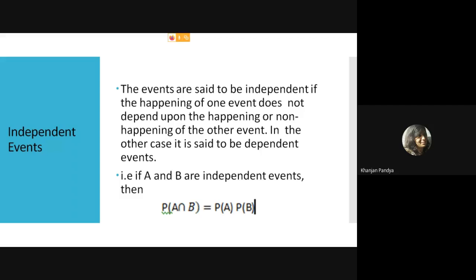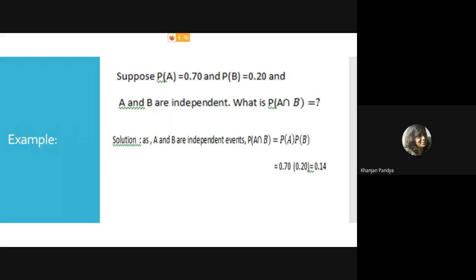Okay. So if two events A and B are independent, then P of A intersection B, P of A and B, is equal to P of A into P of B. You can understand this by the following example. Suppose P of A is 0.70 and P of B is 0.20, and A and B are independent. We know that A and B are independent; in the example it is given.